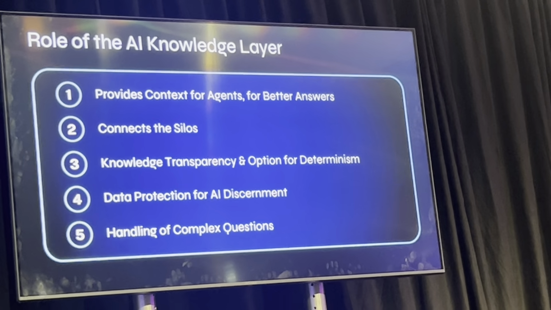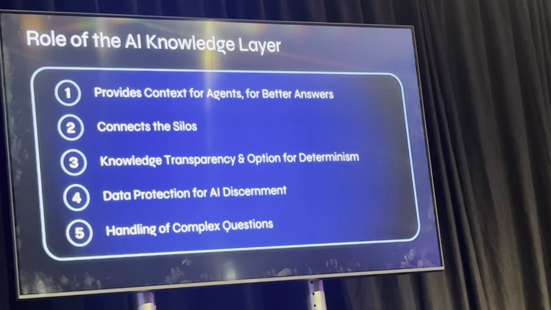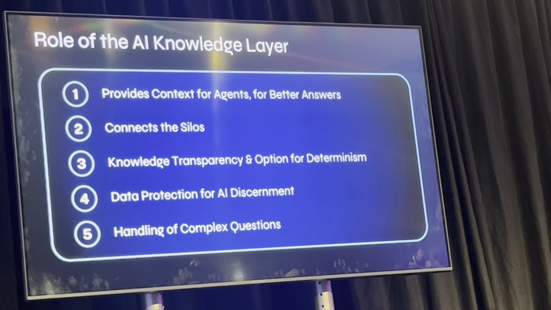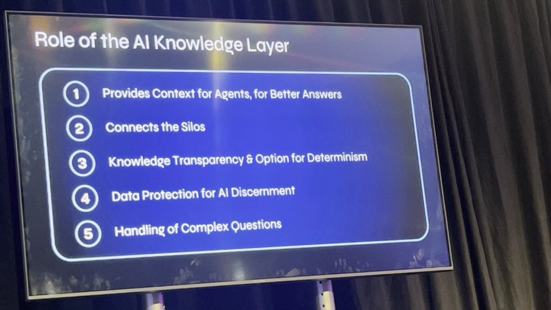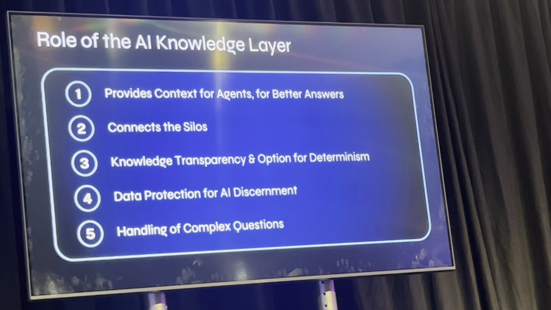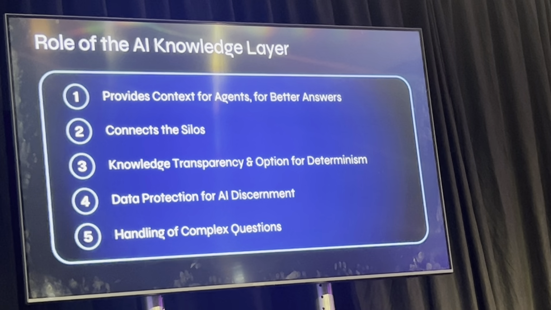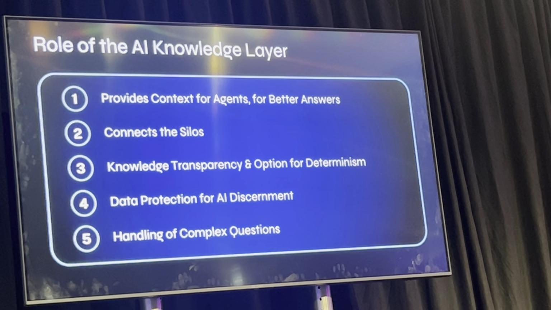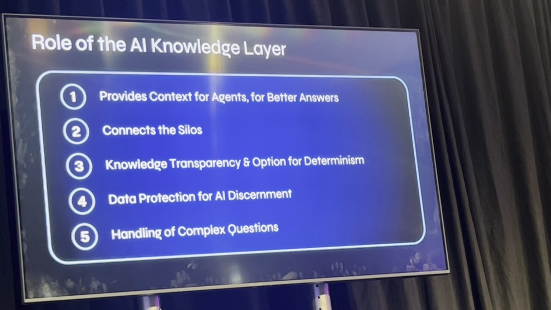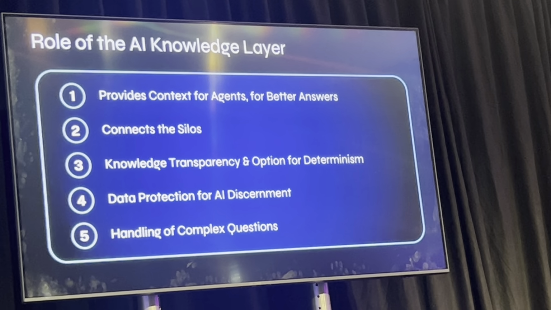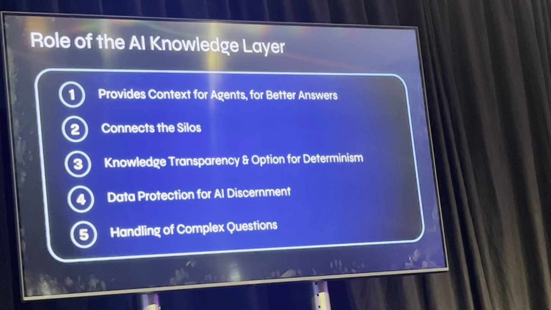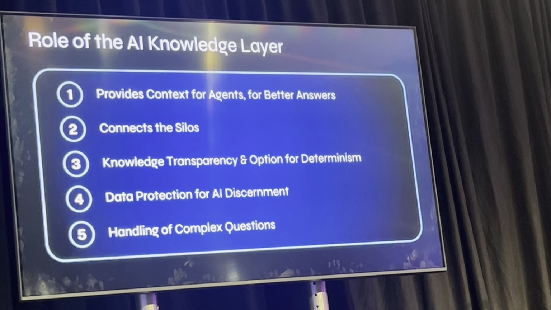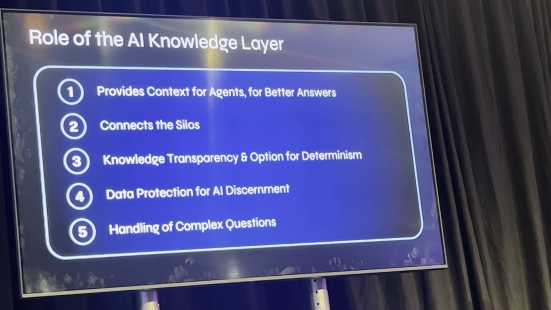Something that surprised me, but that I now have seen half a dozen customers present about on stage, is that the more complex a question gets that someone asks of an AI system, the bigger your SQL query, right? If you're gonna turn it into SQL.